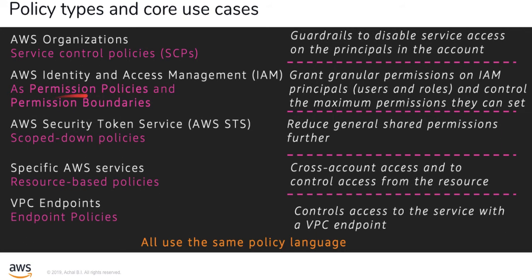One is permission policies, which are IAM regular policies with permissions. Another component is permission boundaries. Let's understand permission boundaries in a bit, but understand that there are two kinds of permissions provided by IAM: permission policies and permission boundaries.